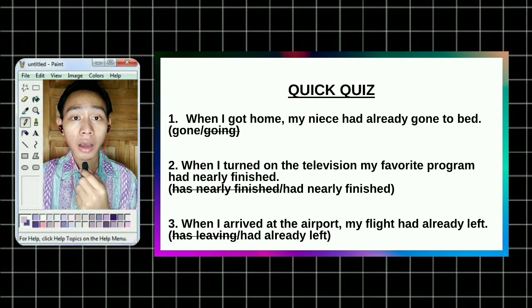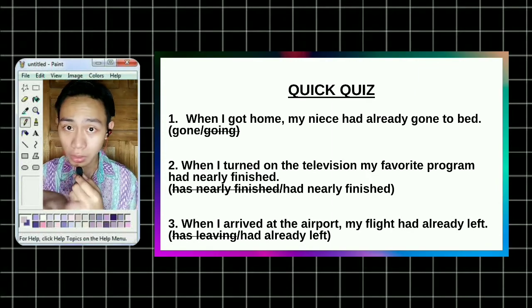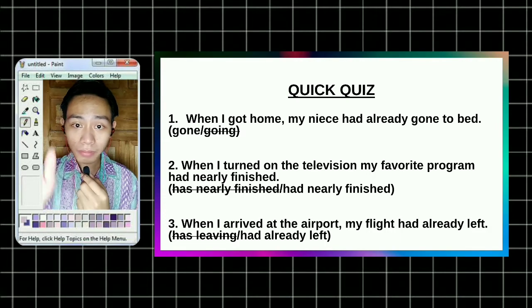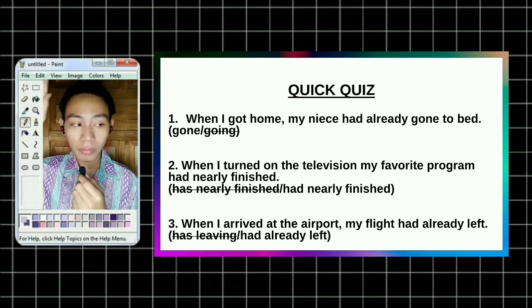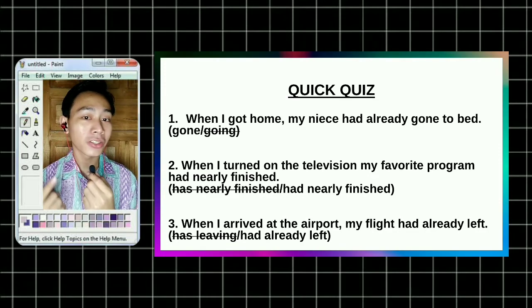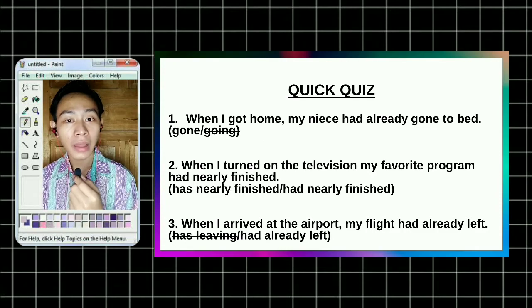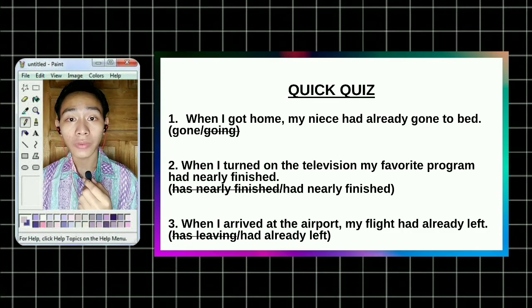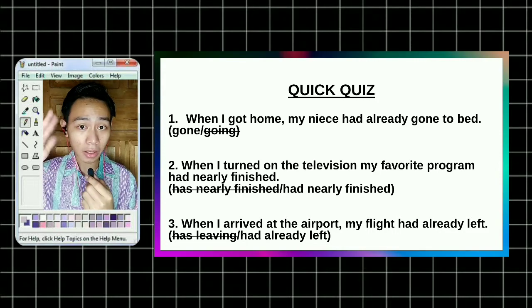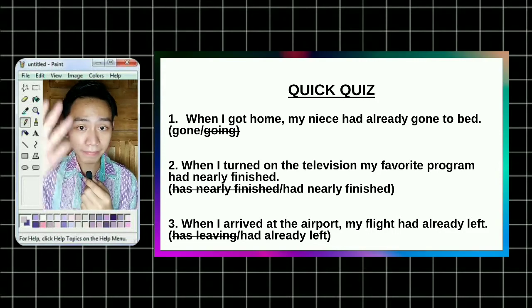Okay, now do you have any questions about the past perfect tense? No? Alright, it's okay. So, what conclusion can we draw from today's lesson? Does anyone want to answer?